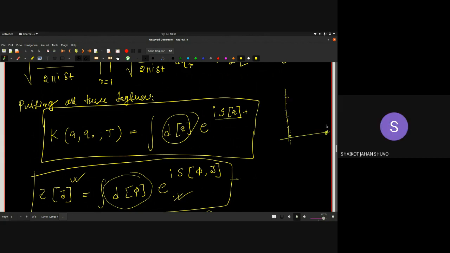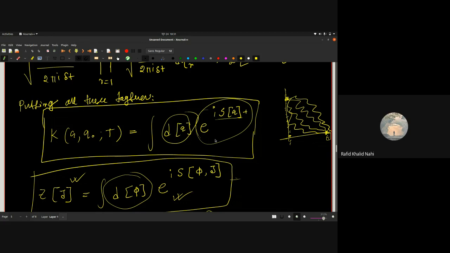And this was the final point, and this was the time and something like that. So you are going from this to this with all the paths, and this is just your weight. With all paths, there is a certain weight. So from here you can also see that the classical paths dominate the integral as well.